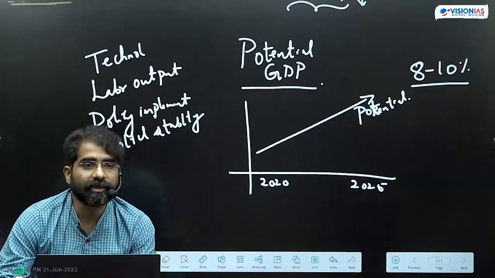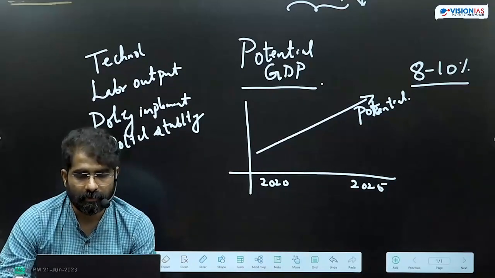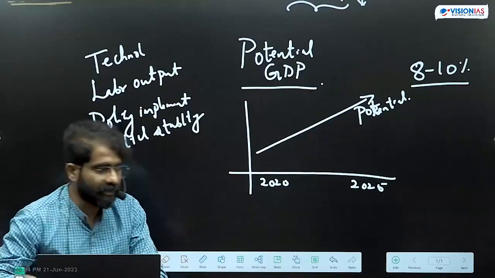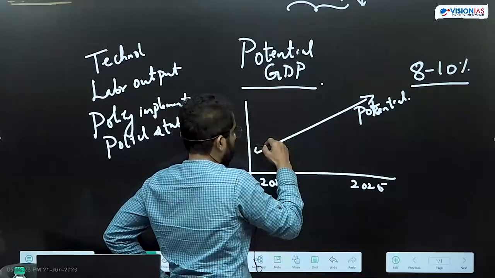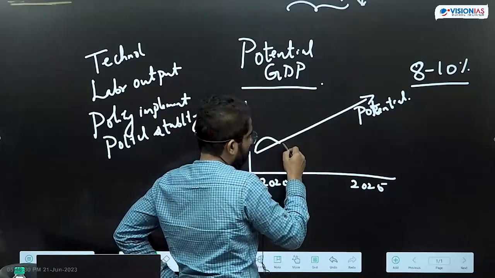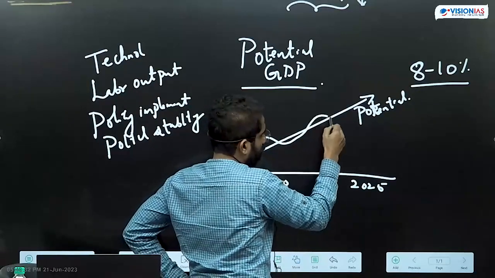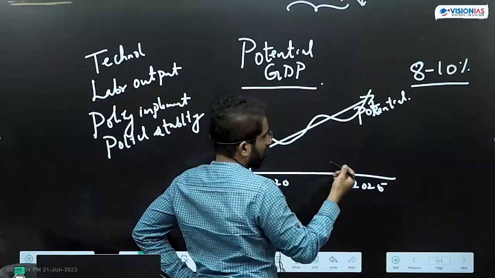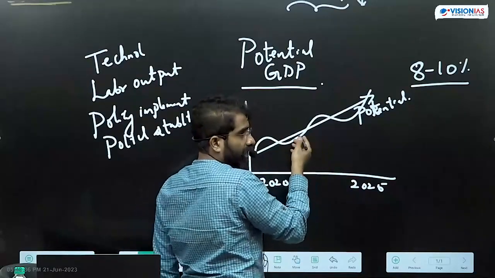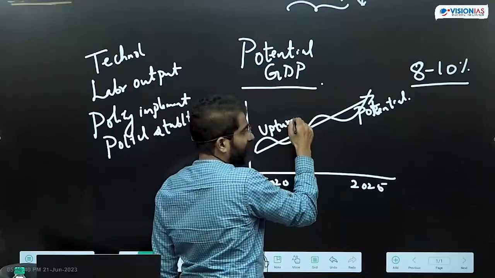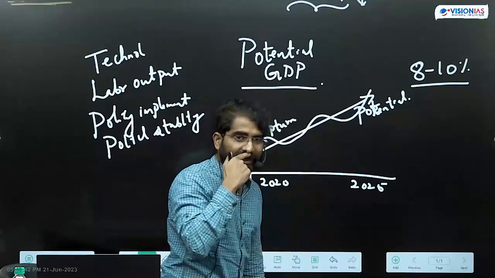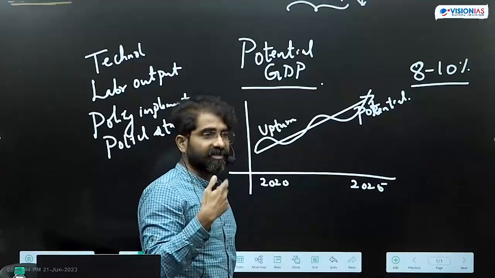Above or below its potential. Okay, so see here, suppose this is the actual GDP. Actual GDP can be a little above or it can be below, so you will be able to measure. During an upturn, you have better technology coming in, better investments coming in, labor efficiency is increasing.